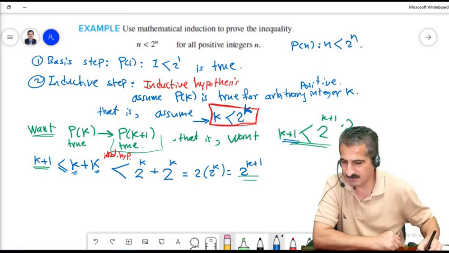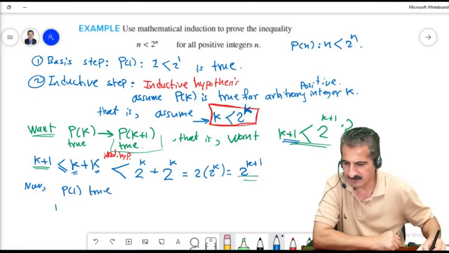And we will say now P of 1 is true, and P of k gives P of k plus 1.